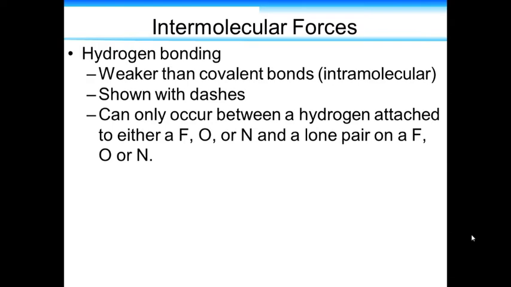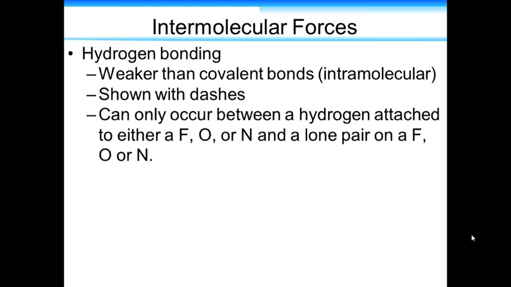Now, this hydrogen bonding, this specific type of intermolecular force, can only occur if an atom has a fluorine, oxygen, or nitrogen, referred to as the FON atoms.